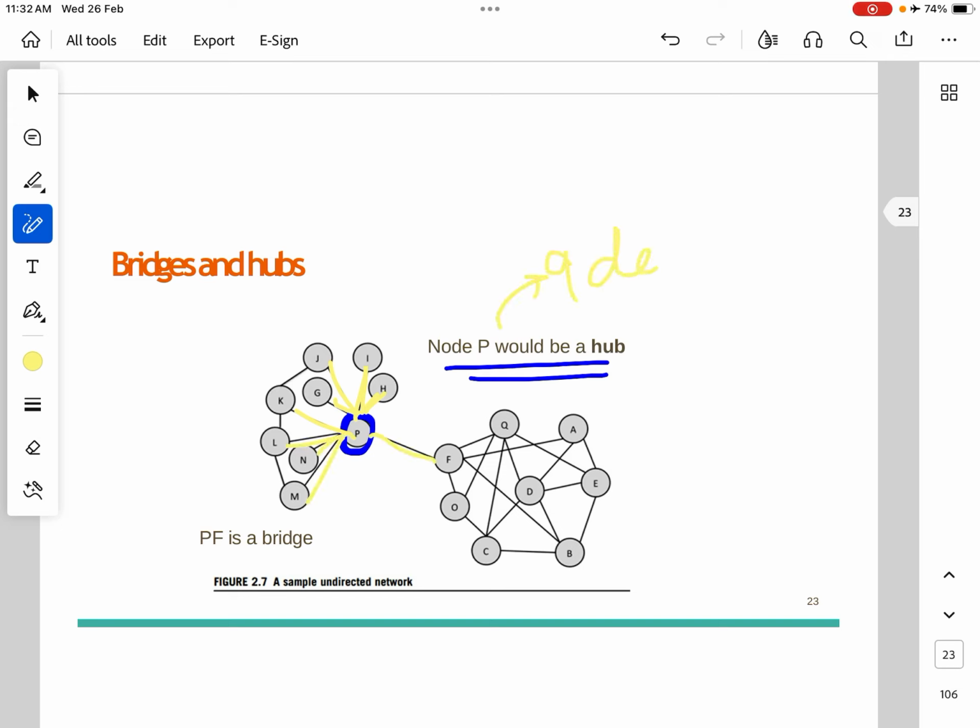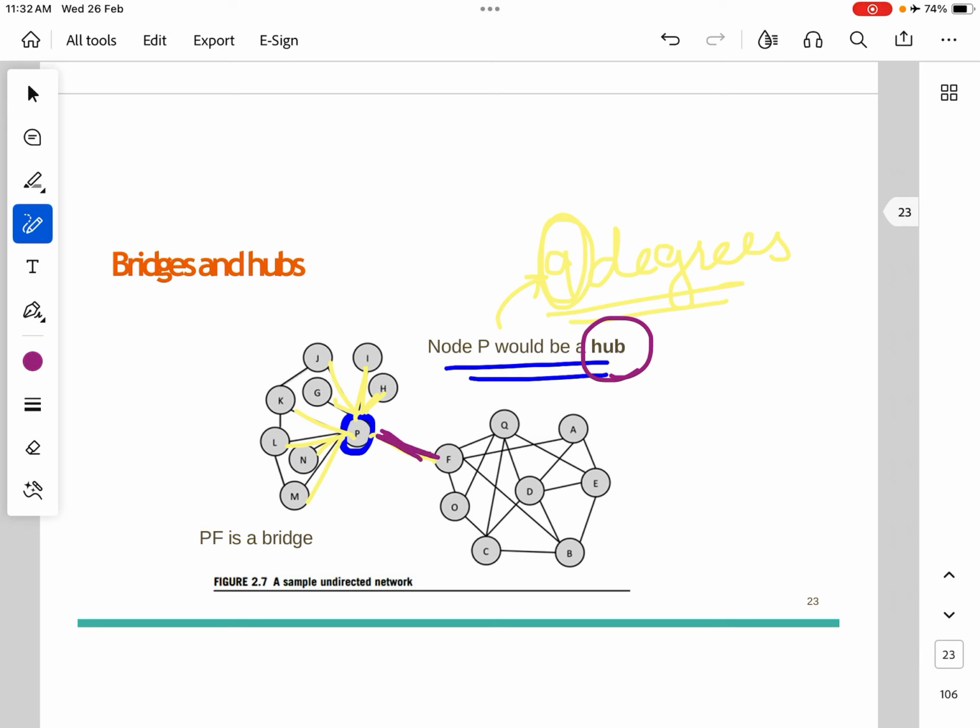It has 9 degrees, 9 different connections. So it is a point of meetup for 9 different nodes. That's why it is called a hub.